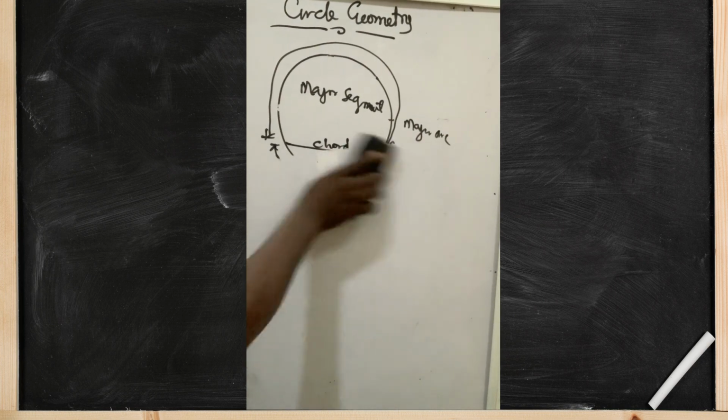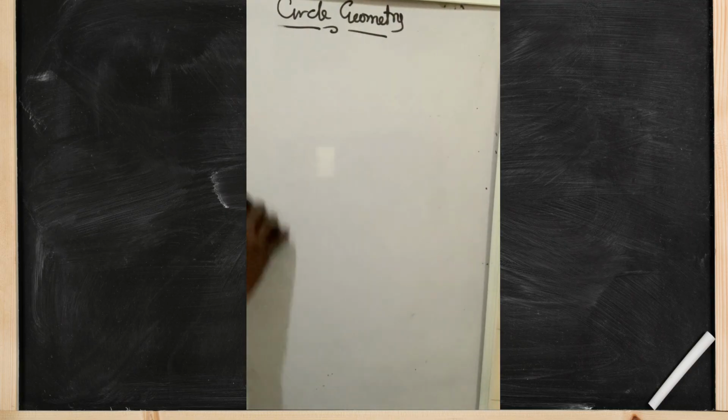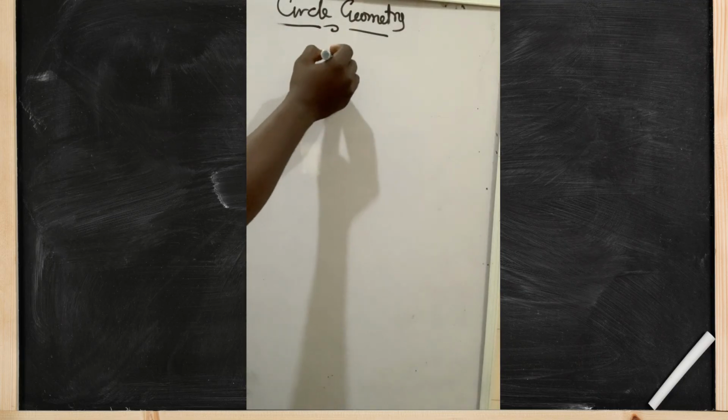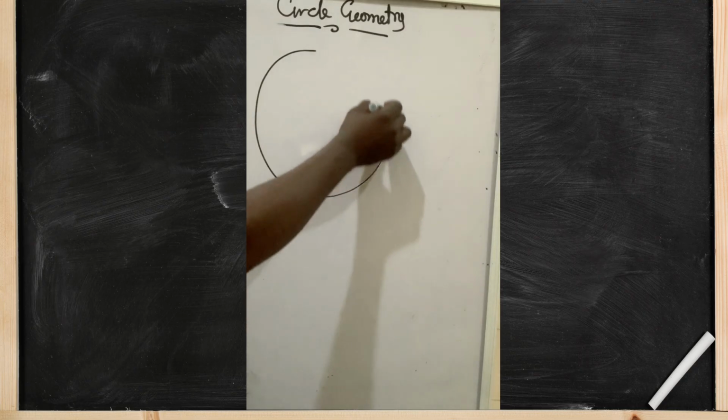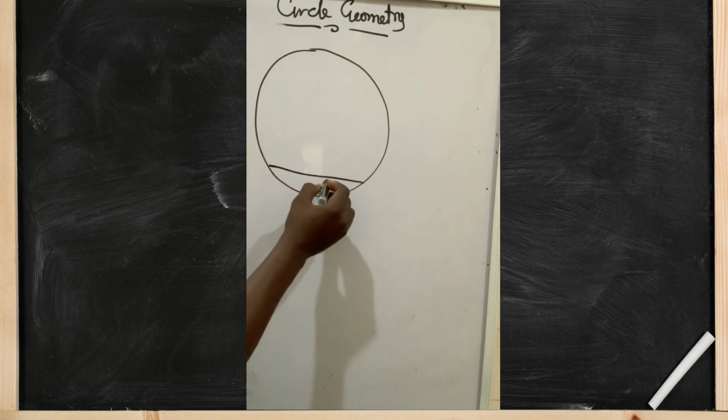So for the first theorem in circle geometry, this is the way I will advise you to put it in your head in order for you to be able to simplify it. So in a circle, as we have here, there is a line. This is a chord.